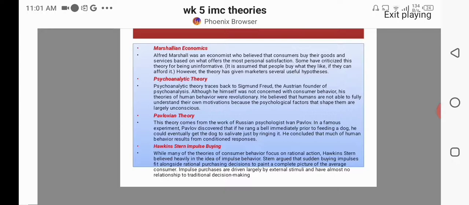There is a critical view on that as well, that this theory has been criticized, but it is uniform. It is assumed that people buy what they like if they can afford it. However, the theory has given marketeers many useful hypotheses.